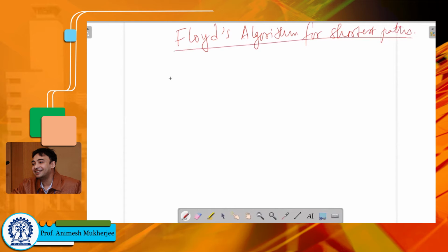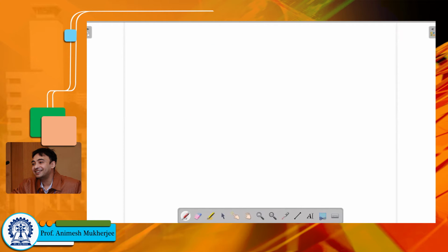So here the input is the matrix W and n. Output is D. So how do you compute this? Very simple.